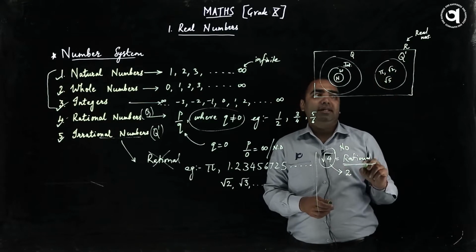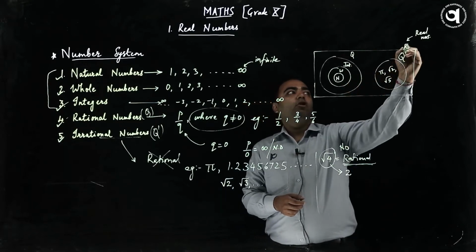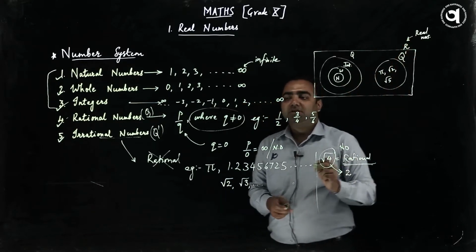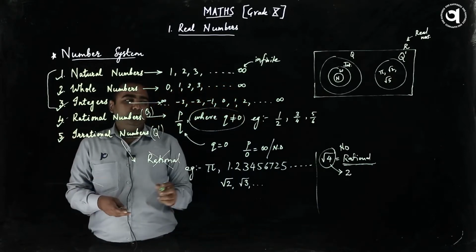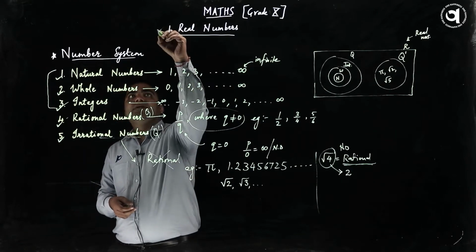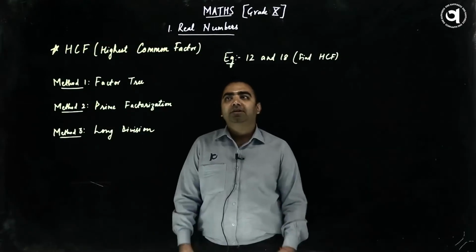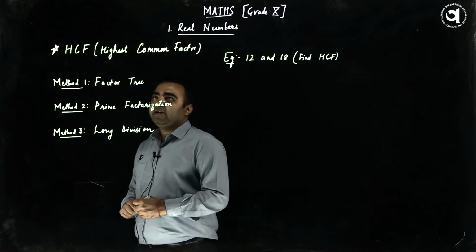When these two get combined, they form real numbers. So the definition of real numbers is the addition, or combination, of rational and irrational numbers. After learning the concept of the number system, we will see how to find HCF.